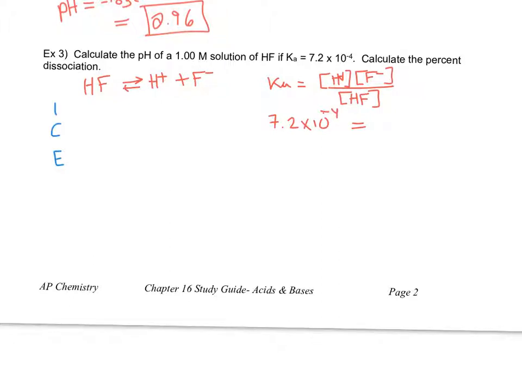Initially, this is 1 molar, 0 and 0. Since I don't have any other numbers other than the Ka, I'm going to use x's. So minus x, plus x, plus x. 1 minus x, x, and x. So my 7.2 times 10 to the negative fourth, that's my Ka, is equal to x times x over 1 minus x.